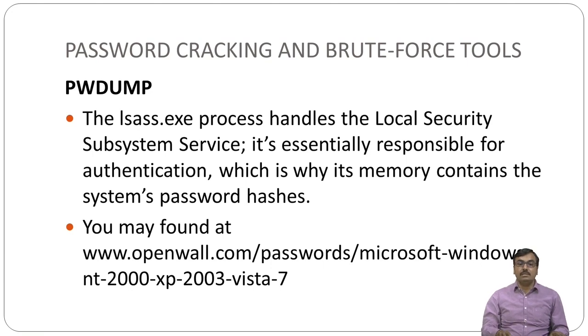It might have changed in the current scenario, but you may find this password dump utility at openwall.com/passwords, and there are so many other utilities also available on this particular website.